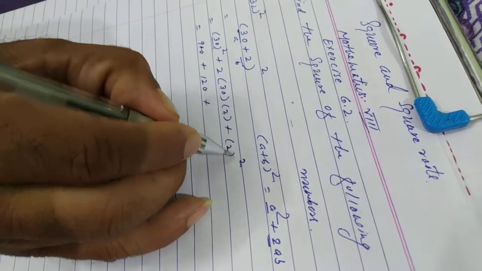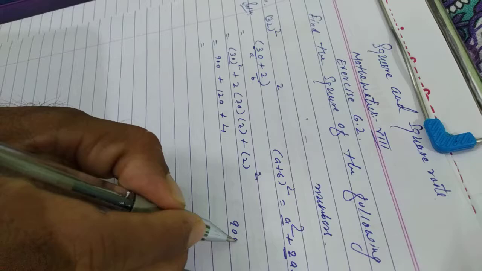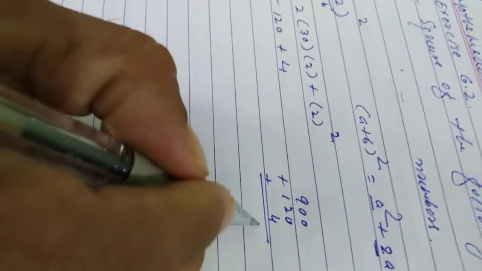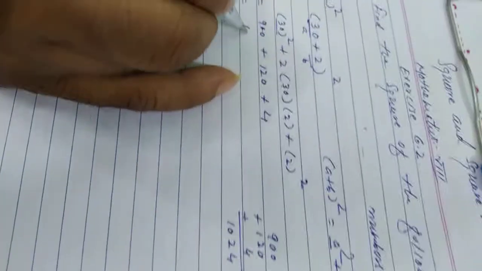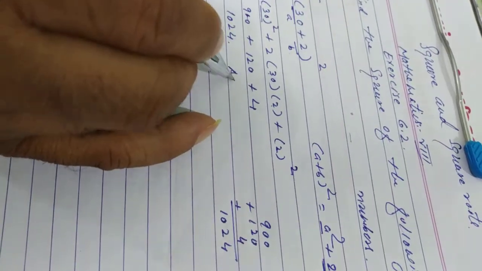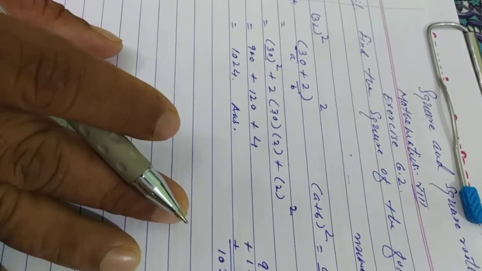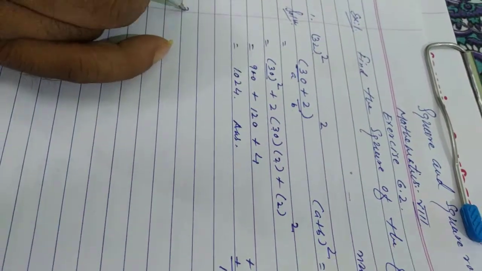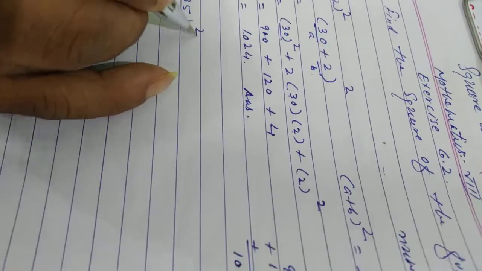Plus 2 2s are 4. Now 900 plus 120 plus 4 is 1024. It's our answer. So we can say the square of 32 is 1024.